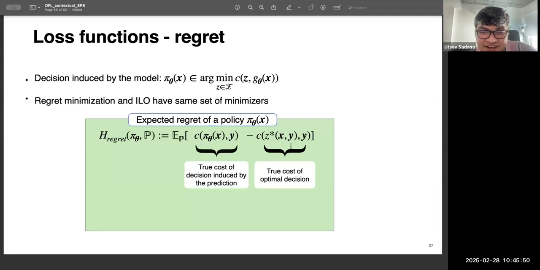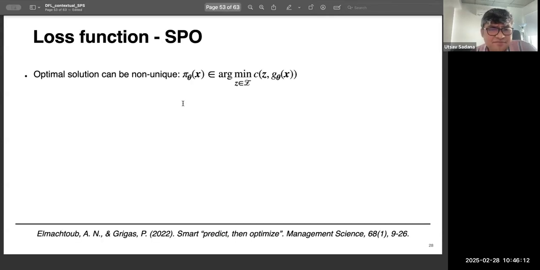And this is basically the regret that you will suffer. Now you can see that this term here does not depend on your decision. So you can just drop this term, and what you are left with is the loss function for an ILO model, the integrated learning and optimization model, without regret. So regret minimization and integrated learning and optimization have the same set of minimizers here, okay?